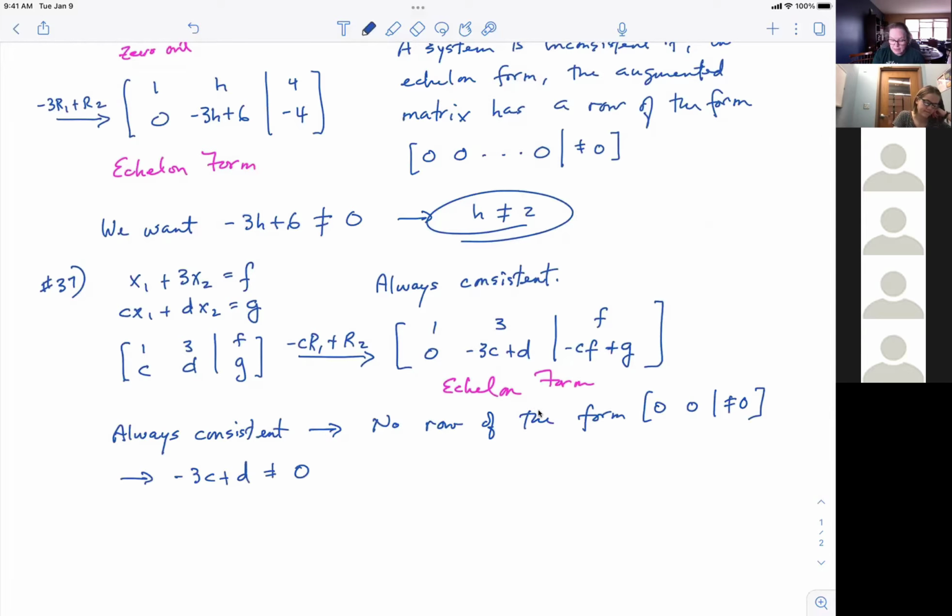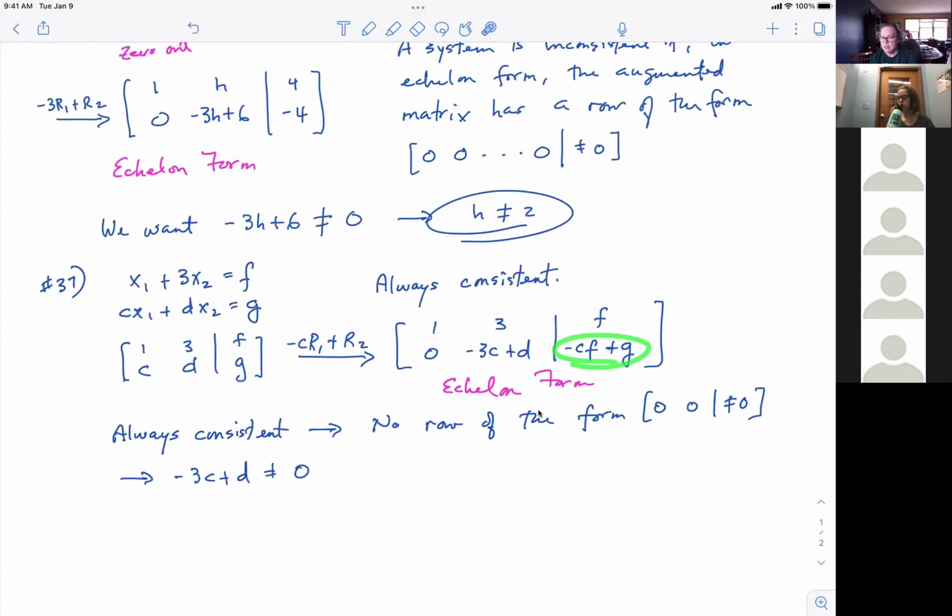Now how do we know that? It's because the problem says this system is always consistent. Always consistent means it doesn't matter what f and g are; it has to be consistent no matter what they are. So clearly there are going to be cases where this thing here is not 0, since it has to be true for all possible values of f and g.